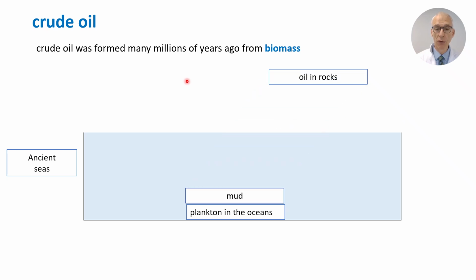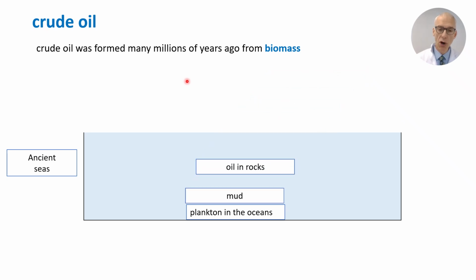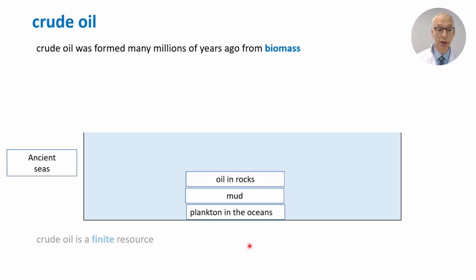Layers of mud form on top, then layers of rock form on top of that mud. Through unknown processes, the plankton are converted into oil, which is now found in those rocks. Because this is a very ancient process, of course, crude oil is a finite resource. It is not being replaced.